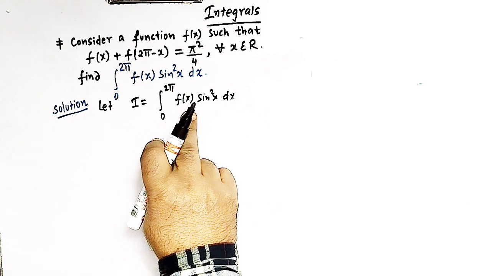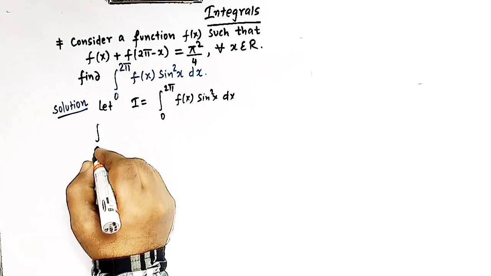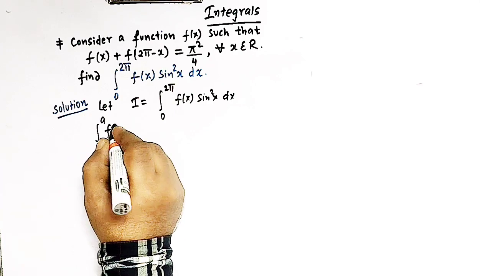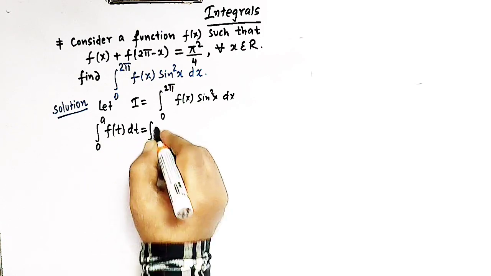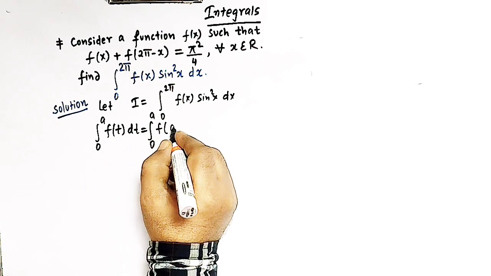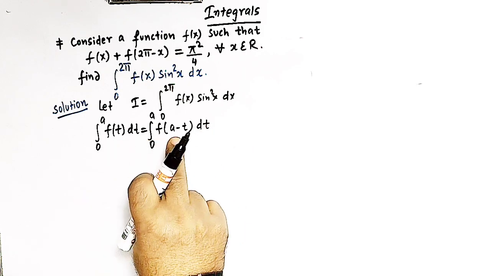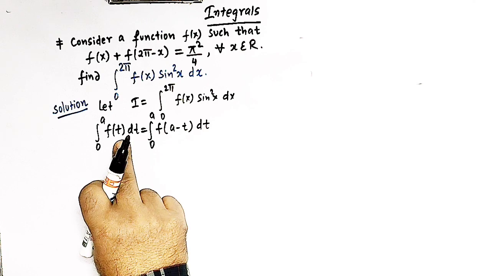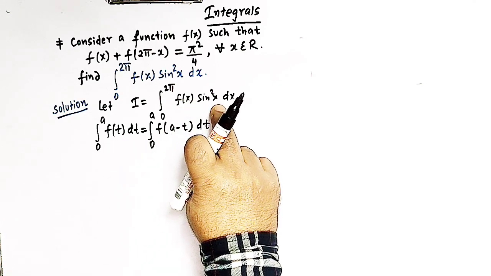Now let us make use of this property of definite integrals, that is 0 to a, and we have say f of t dt is equal to 0 to a f of a minus t dt. So this is an important property of definite integrals which can be utilized in this integral, right?